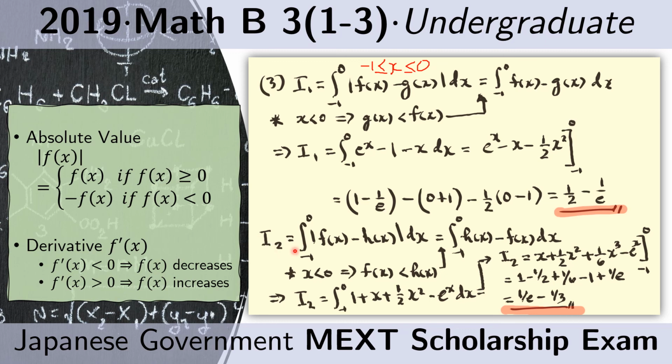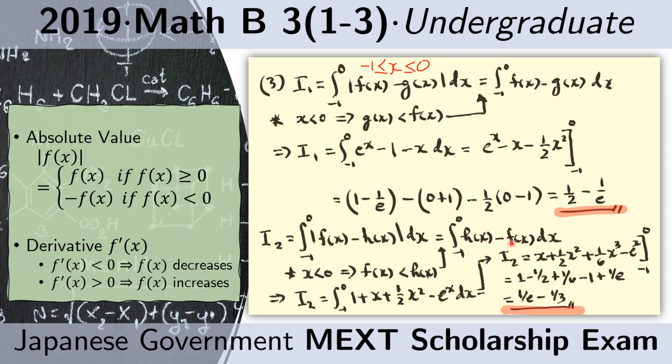Now for the second integral, again, the procedure is the same. First, we eliminate the absolute value symbol, and we already know that f is less than h. And so f minus h must be negative. And if it's negative, then to eliminate the absolute value sign, we need to add in a negative sign in front. And so we eliminate the absolute value symbol, we add in a negative sign, and when we add a negative sign, that flips the order of these two.